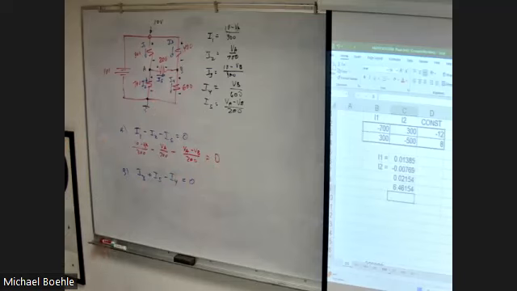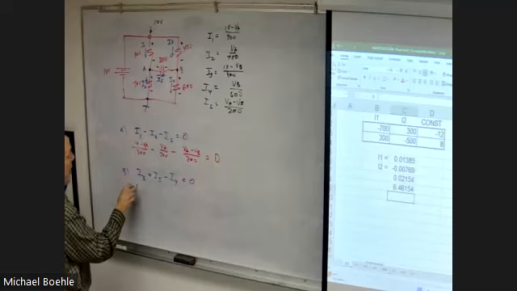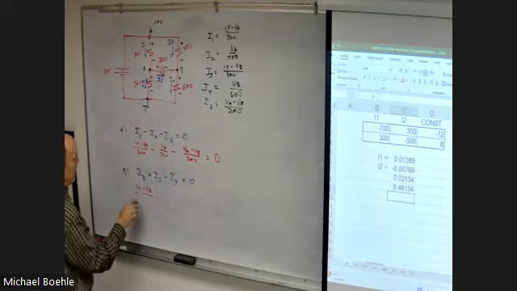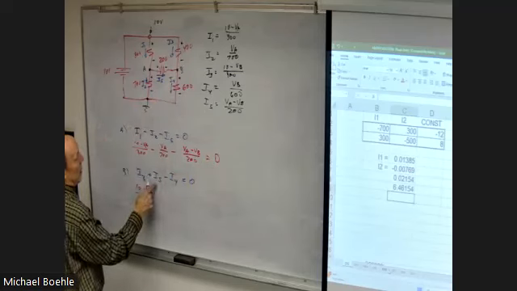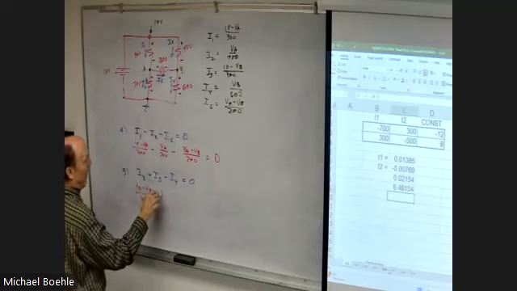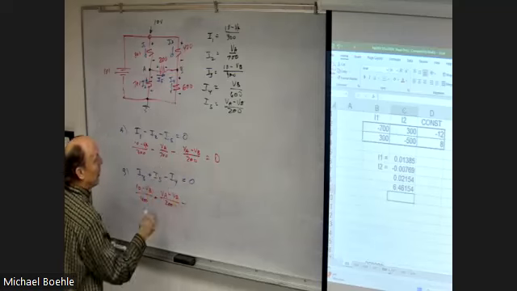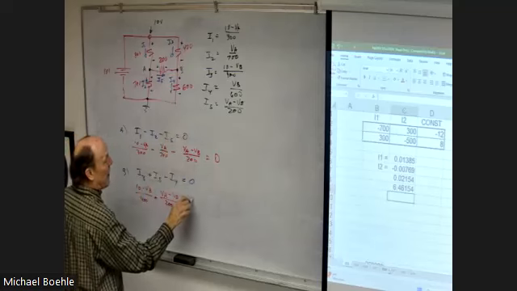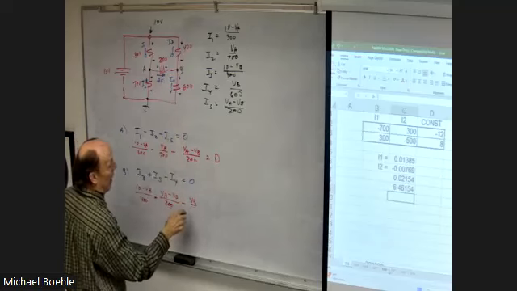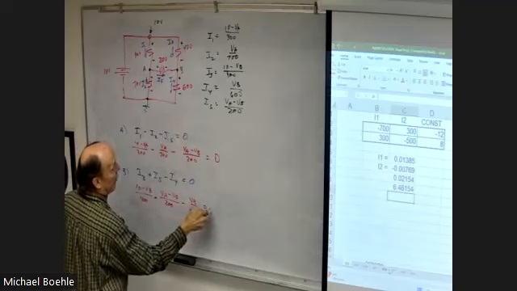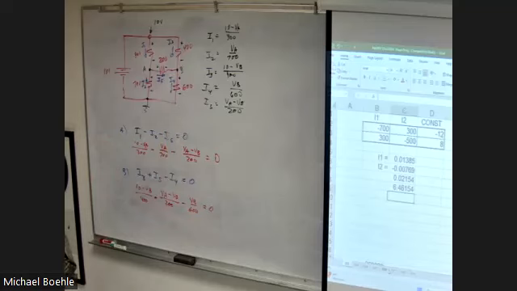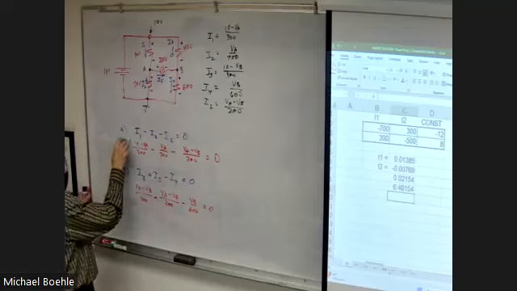Same thing down here. Current 3 is 10 minus voltage B divided by 400, plus current 5, voltage A minus voltage B divided by 200, minus current 4, which is voltage B divided by 600, and that's equal to 0. So now we do the same thing we just did, all right? Least common denominator here.